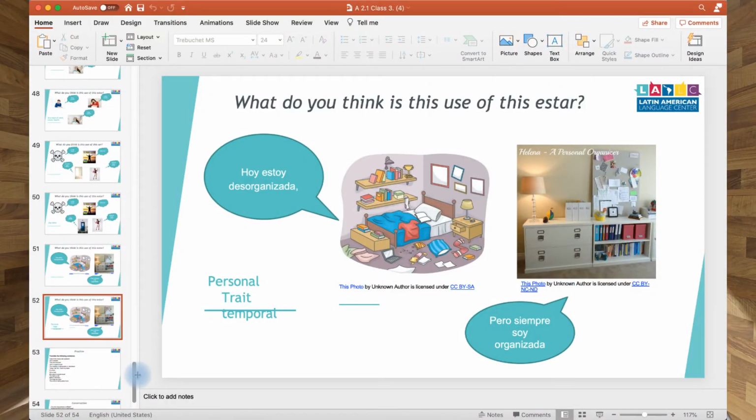You see estar there, but it's a characteristic of you. And so that's why, let's say I make the huge mistake of dyeing my hair blonde. I say, yo soy morocha, like we say in Argentina, or morena, pero estoy rubia, I'm blonde right now, okay? So, personal trait, but temporal.